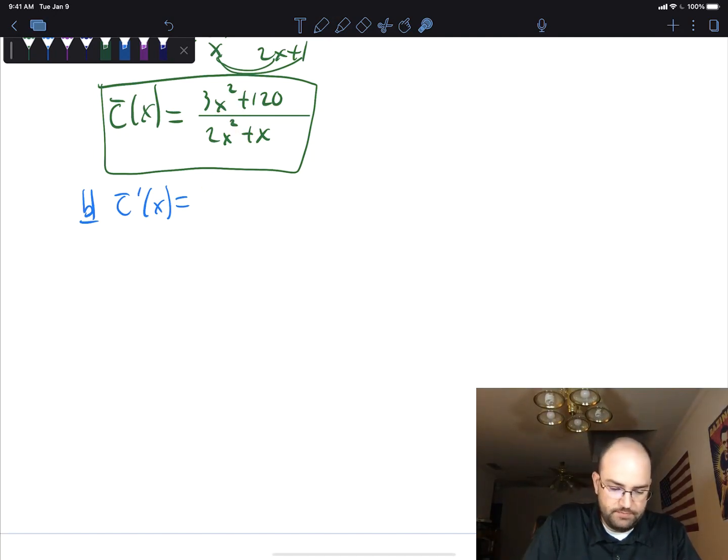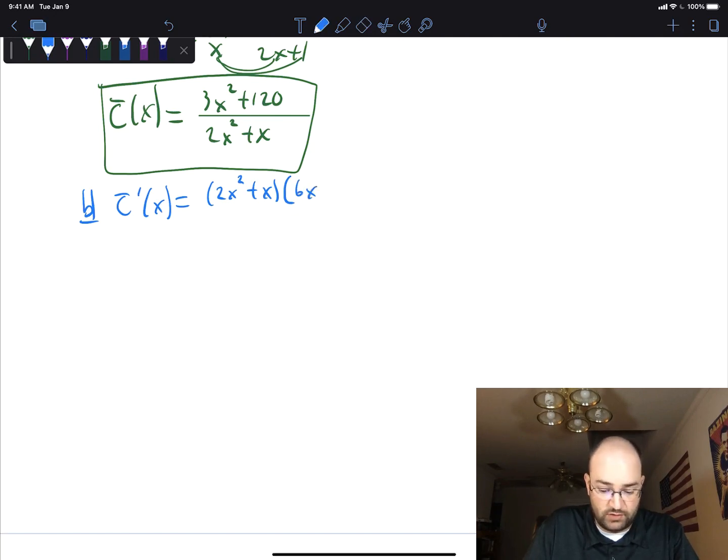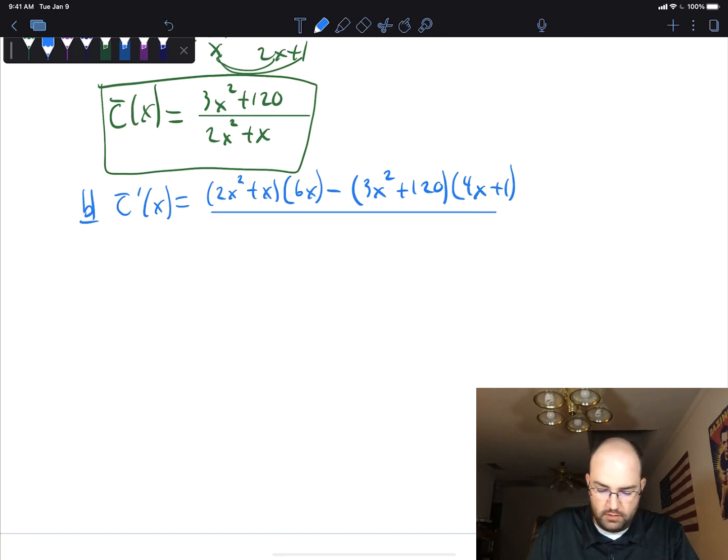That would be the bottom, which is 2x squared plus x, times the derivative of the top, which is 6x, not 6x squared, just 6x, minus the top, 3x squared plus 120, times the derivative of the bottom, which would be 4x plus 1. And then all over the bottom, 2x squared plus x, squared.